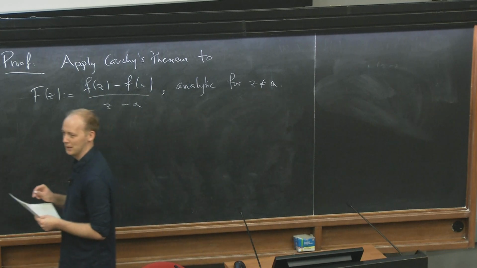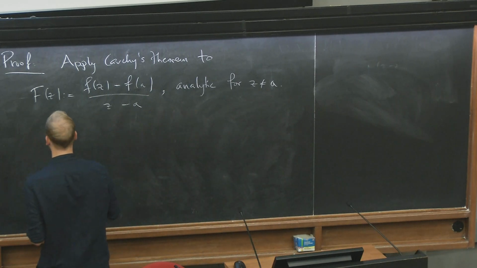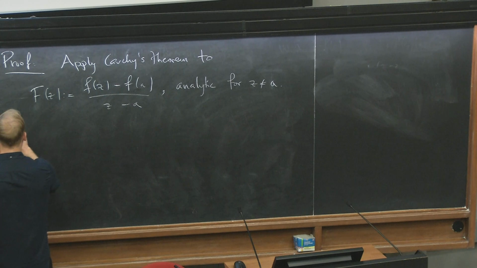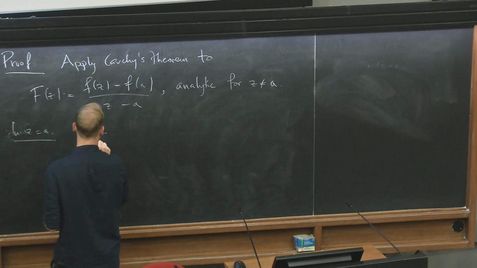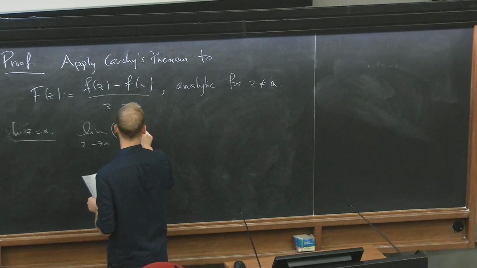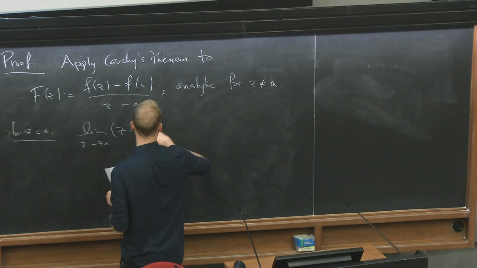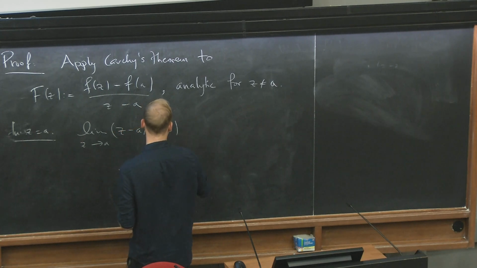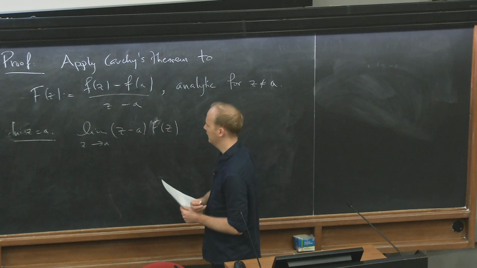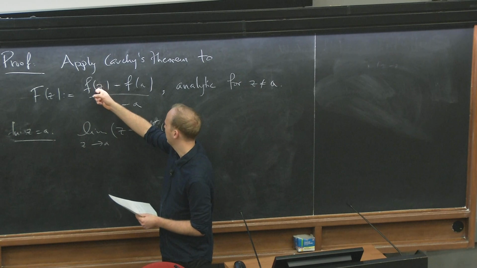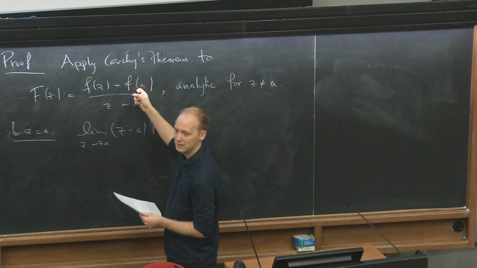I mean, you're right. It's analytic also at z equals a. But let's do it in 2 steps. This is all I'm saying. So it's analytic there, clearly. But also, at z equals a, we have the limit of z minus a times f of z, which is the limit of f of z minus f of a.